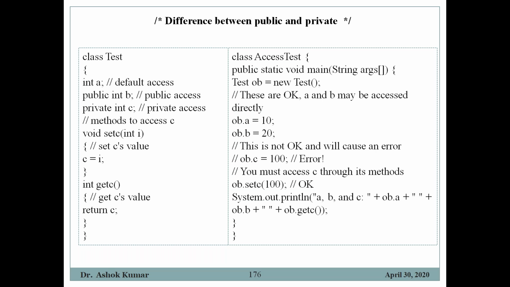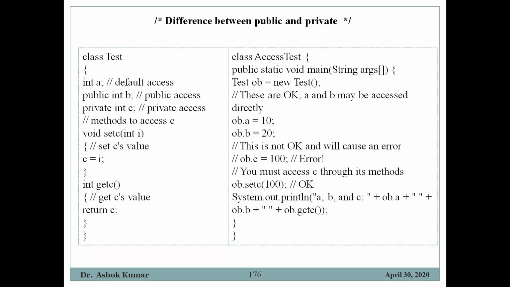So this can be accessed directly. Next is b, it's a public member. We have written the keyword public before the data type, so that means this instance variable is public. So it has public access.